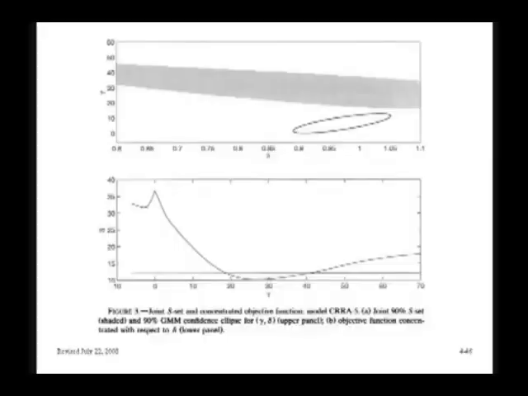And so here's the sets that we got. The gray region is the Anderson-Rubin confidence set, and so this is gamma and delta. Gamma is this exponent coefficient, and delta is the discount factor.